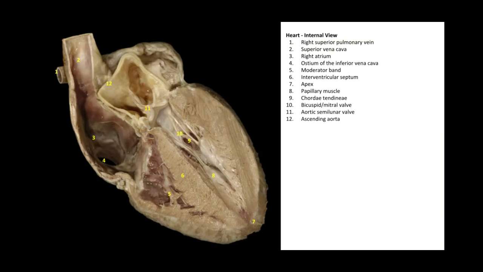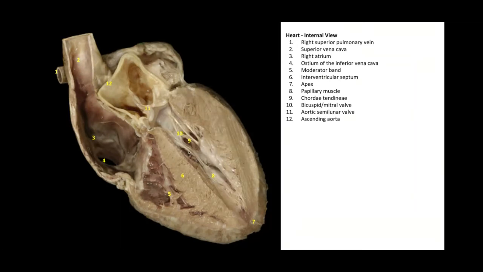And in the next picture, you can see the other side of the heart. First, you have the interventricular septum, which is located between right and left ventricle. You can see number 8, which is the papillary muscle.